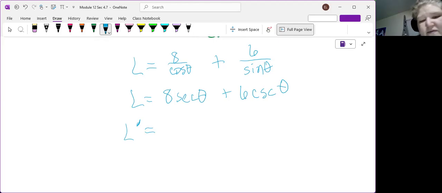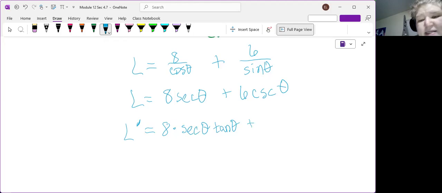So now our derivative. So the 8 comes down. And so the derivative of tangent, you end up with secant squared. The derivative of secant, you get secant and tangent, the product of them. So our derivative on this one is secant theta, tangent theta.